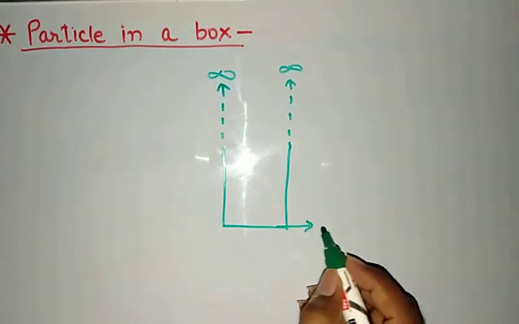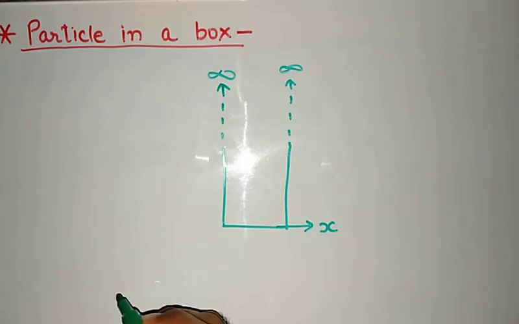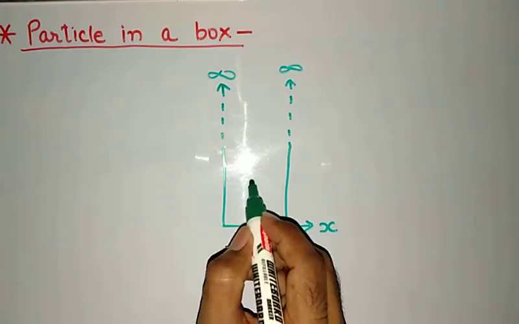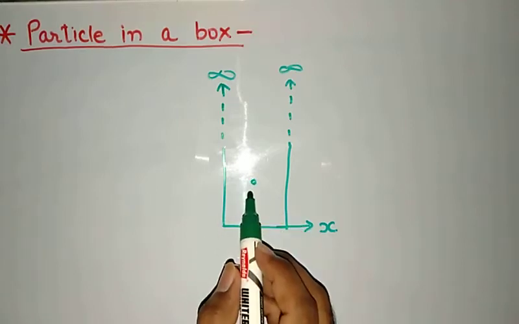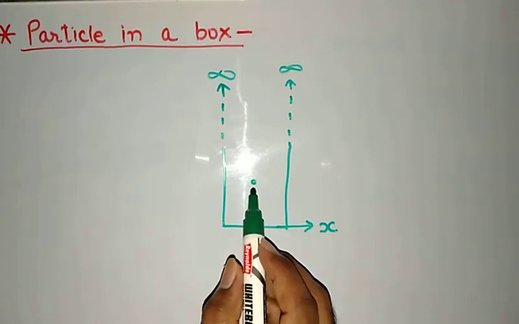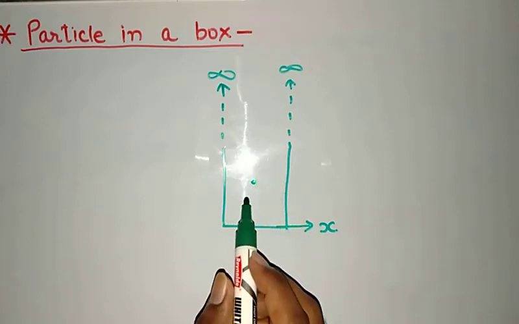This is taken to be the x direction. A particle having mass and velocity is free to move in this box.